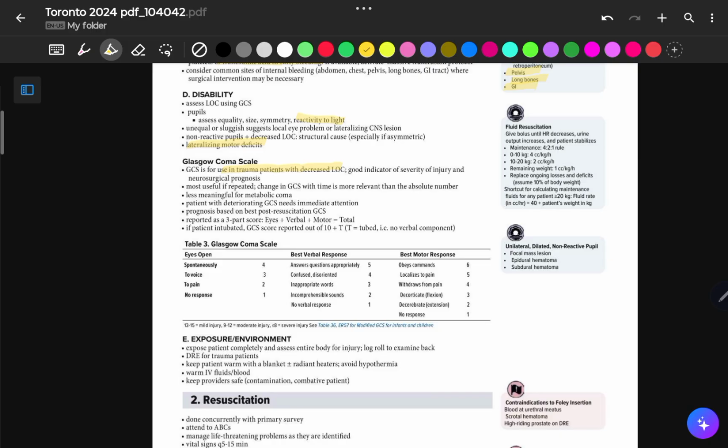All right, so it's a trauma patient coming in with decreased level of consciousness, then that's when you actually want to use that. It's a good indicator of the severity of injury and of neurosurgical prognosis. Okay, it's most useful if it's repeated, so you don't want to do that just once. So throughout as you are treating the patient, you want to repeatedly do your GCS score.